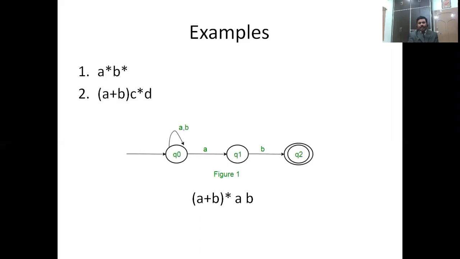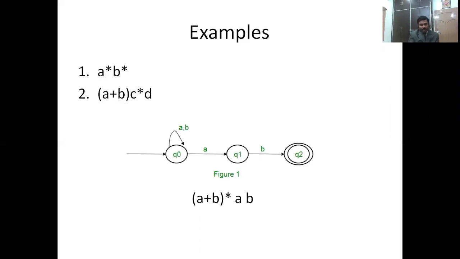So A star will contain epsilon, A square, A cube, and so on. The regular expression A star B star denotes any number of A's followed by any number of B's. The second regular expression denotes a machine that has to accept strings which start with either A or B, followed by any number of C's, ending with a single D.